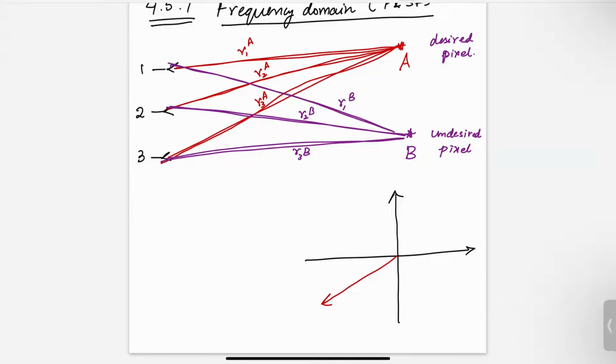So that's number one, for antenna 1 for the desired pixel.